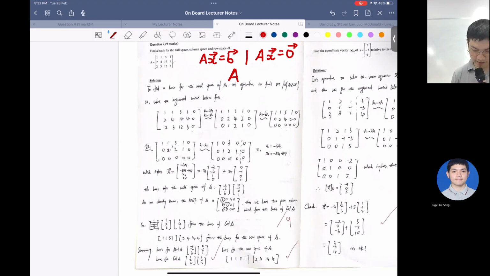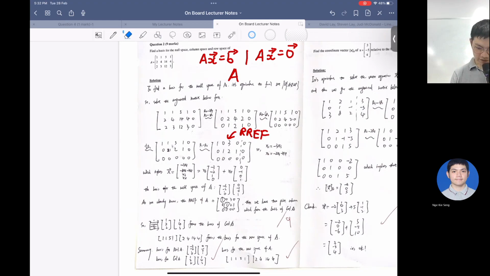For example, this is the RREF form. Actually, I also show you how I mark this question. I straight away go and look for the RREF first. If the RREF turns out to be wrong, then I need to check whether your row reduction steps are correct or not. So let's go to the RREF and straight away pick up the pivot columns.